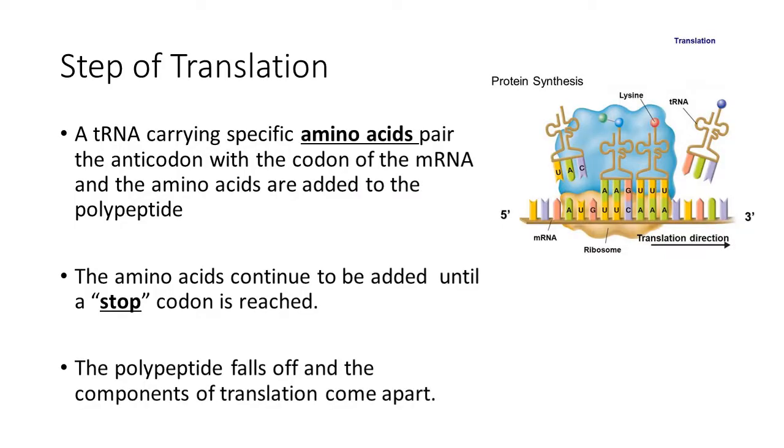Here, the translation occurs: the ribosome is attached to mRNA, tRNA lands on mRNA with specific amino acids, and the ribosome forms peptide bonds between amino acids. When the ribosome reaches a stop codon, the translation stops and the polypeptide chain or protein is released.